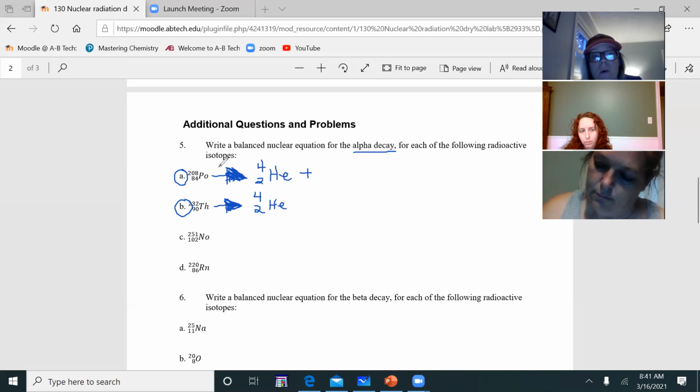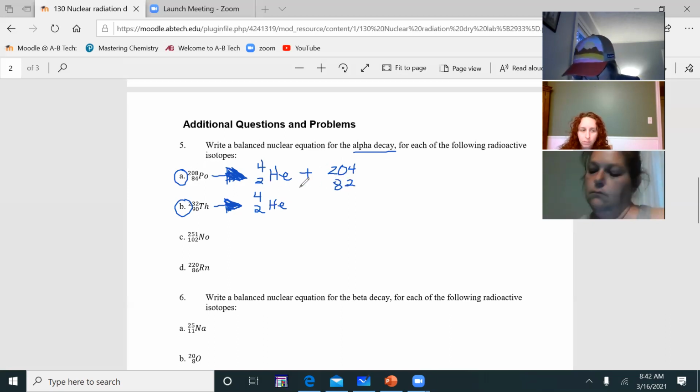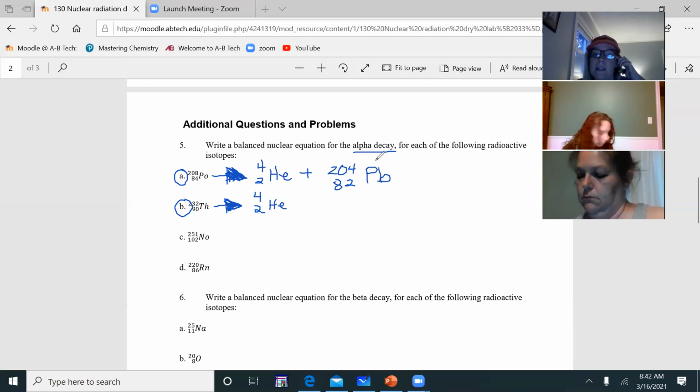So 208 minus the 4 is going to give me 204 for my top value on this mystery element. I've got 84 on the bottom, so 84 minus the 2 would give me 82. Then I look up on my periodic chart. 82 is lead. So our mystery element for that first one is lead 204.